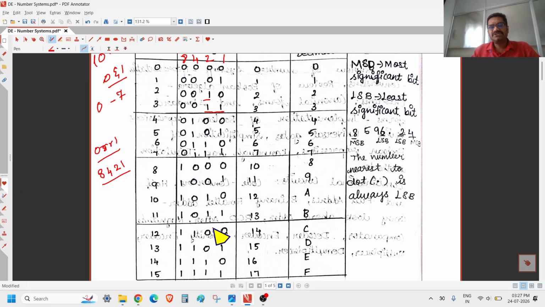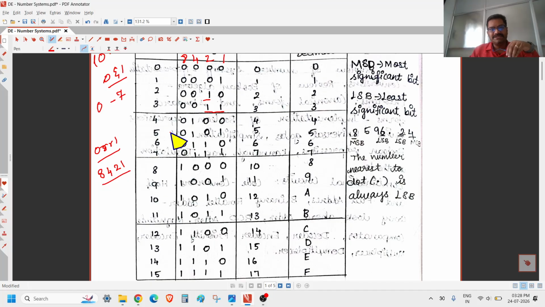There is also a shortcut to write the binary numbers. Take the first digit as A, the second as B, the third as C, and the fourth as D. For the A digit, vertically we put eight 0s and eight 1s.